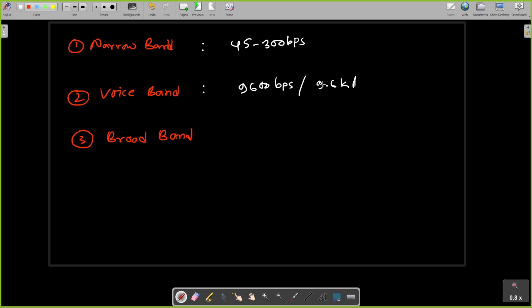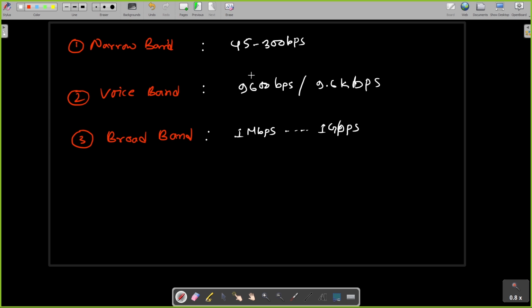If you divide this data by 1000, then we get 9.6. Now the broadband speed starts from 1 Mbps and goes up to 1 Gbps. So this is the range of data transmission speed.